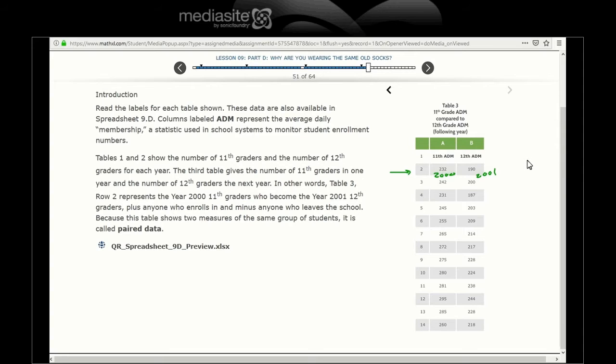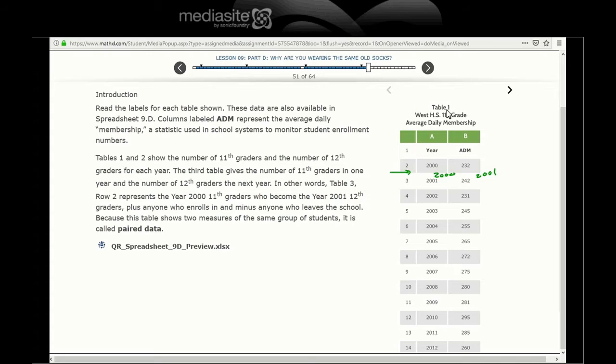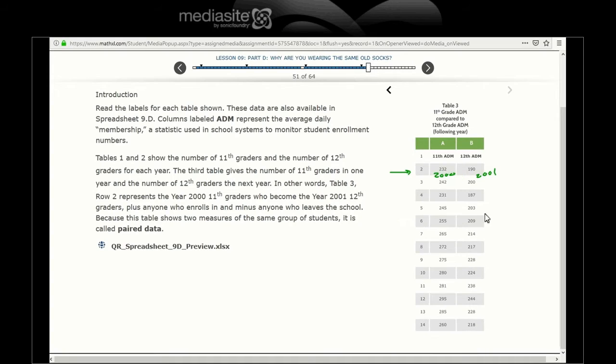Just think about it. This year's 11th graders are next year's 12th graders. So let's see if this jives. 11th grade, 2000, 232. 12th grade, next year, 2001, is 190. 232, 190. All right, so yeah.